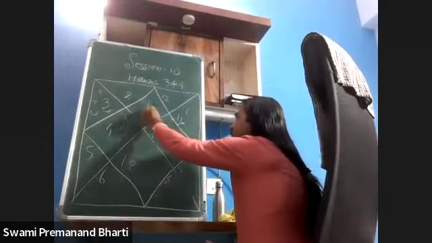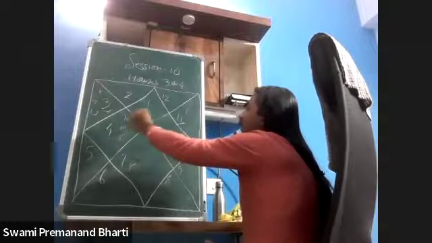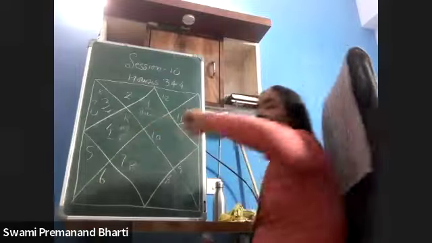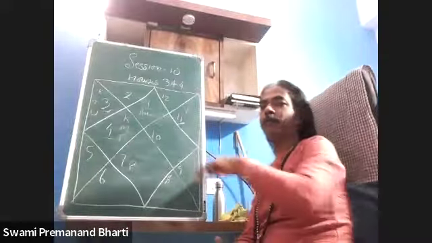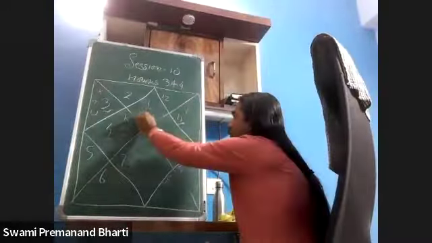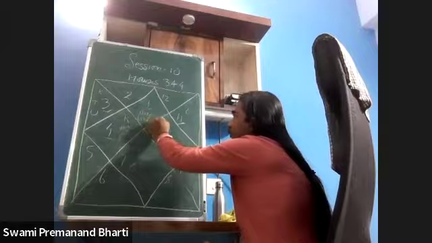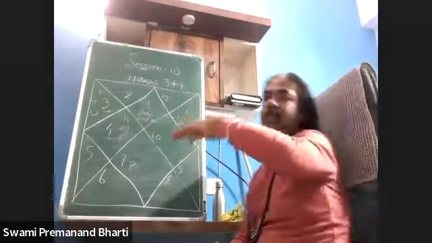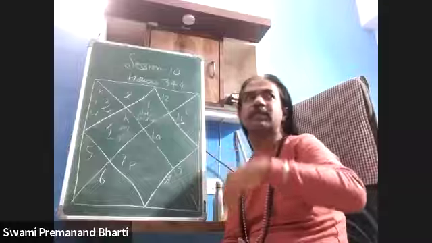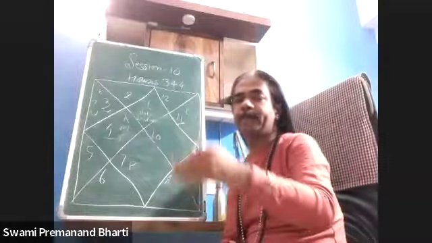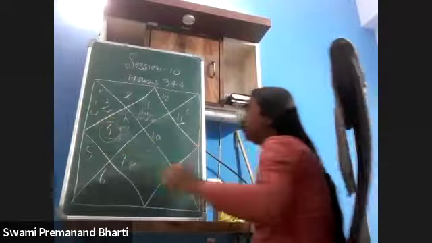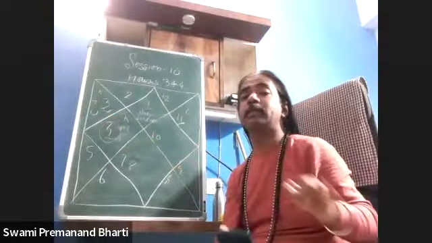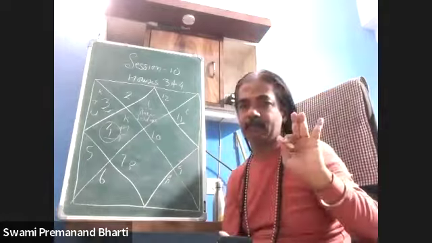The first house represents your place of birth, where you took birth. The fourth house represents places around your place of birth. Like I took birth in Indore, so Indore becomes my first house. The places around Indore, or we can say the state of MP, Madhya Pradesh, is the fourth house for me, as long as the culture of the people is the same.